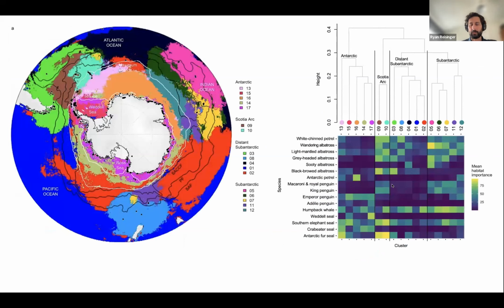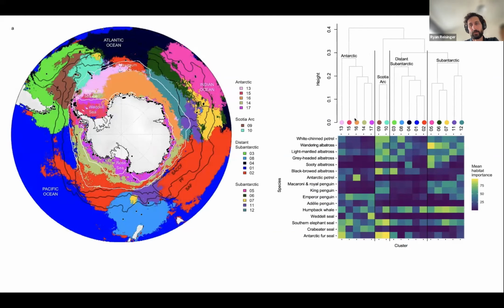So again, on the map on the left, we have those statistical clusters mapped out. And on the right-hand side is a hierarchical clustering of those clusters, so we can examine the relationship among the clusters.